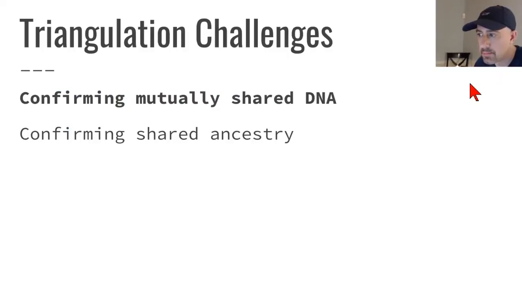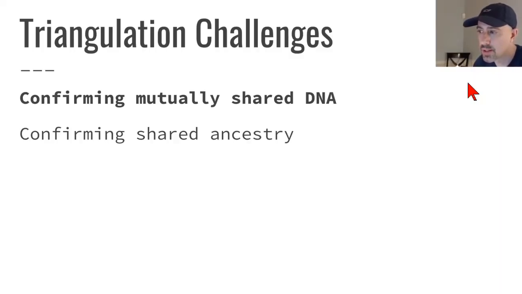And when we talk about triangulation, we're really talking about 2 parallel challenges. One challenge is to confirm that the mutually shared DNA, or the apparent mutually shared DNA, is actually shared by everyone in the triangulation group. So when we talk about a triangulation group, we're talking about a group of people who share a specific segment of DNA on a specific chromosome in a specific location, and we have to make sure that everyone does share that segment.